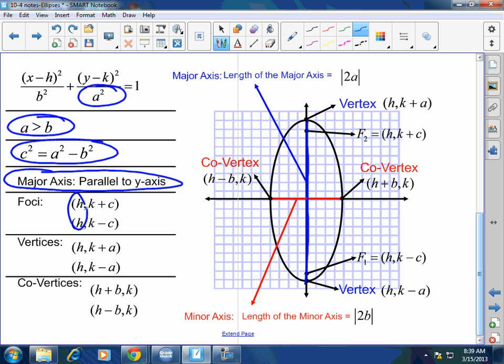When the H's of the foci and the vertex are the same, I have a major axis that is on the y-axis. Is everyone with me so far?